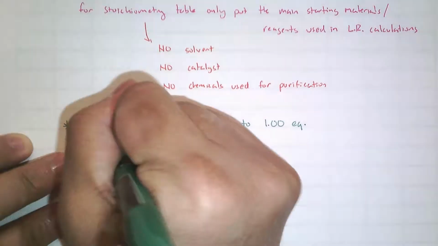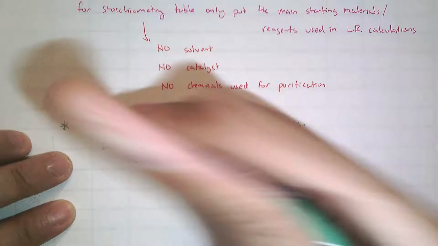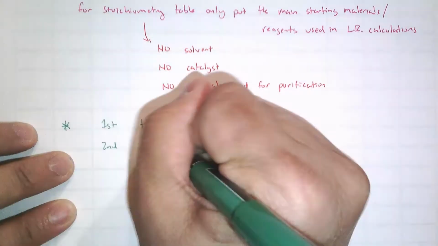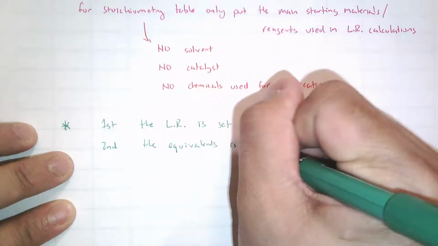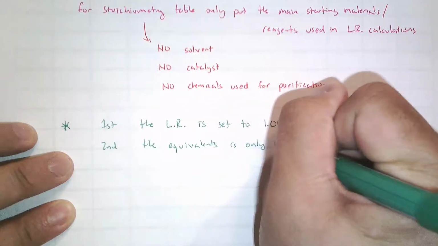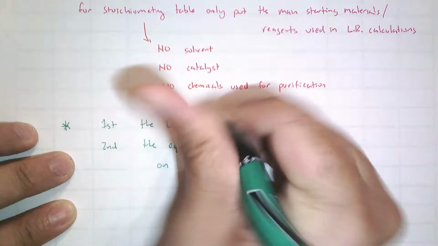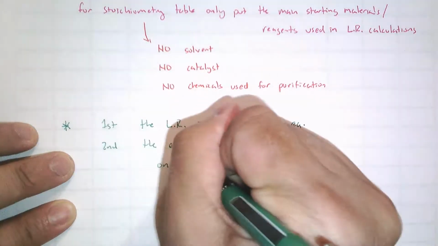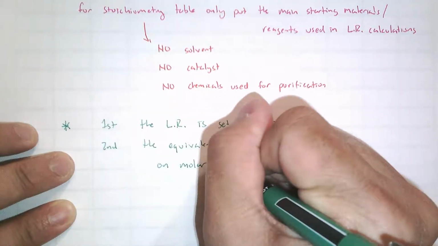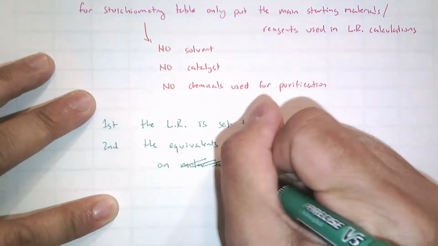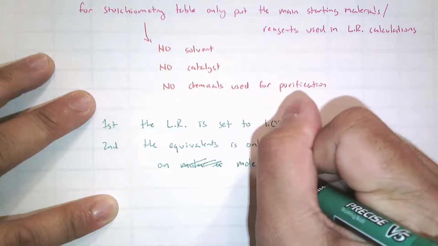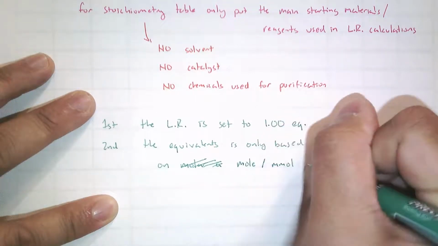Second is the one that you got to keep in mind. The equivalence is only based on the mole, sorry, not the molar. See, I made a mistake already. On the mole or the millimole amounts.